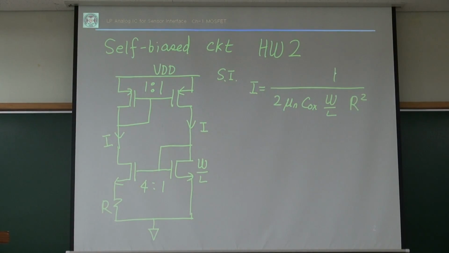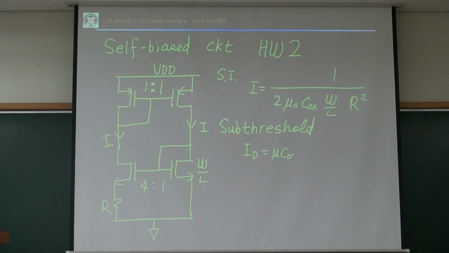That's for strong inversion. But in a subthreshold, the equation looks different. Yeah. So here, let's say in a subthreshold, the current equation is just this one. What is that?